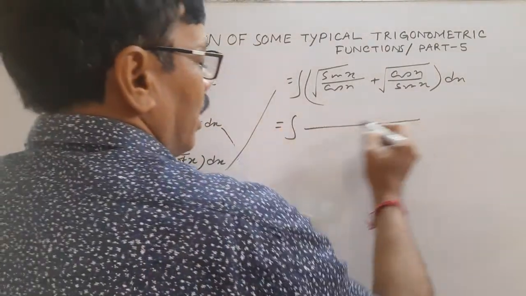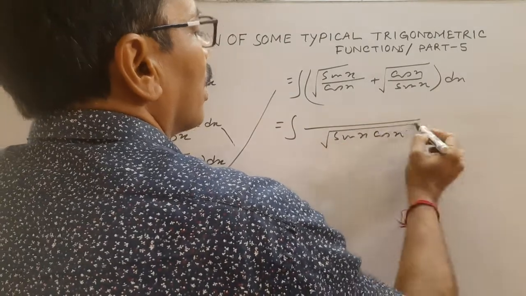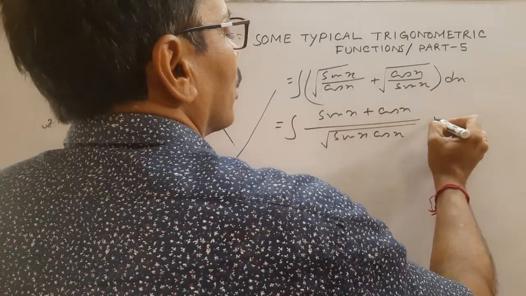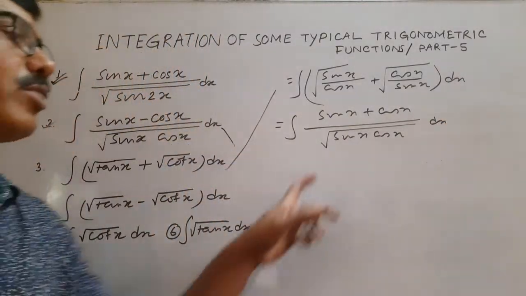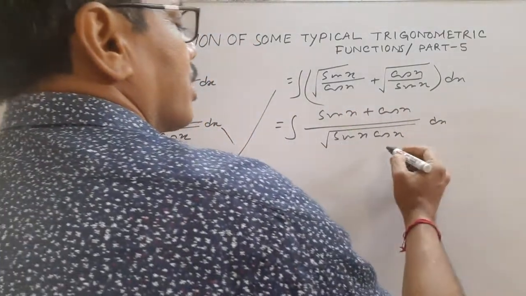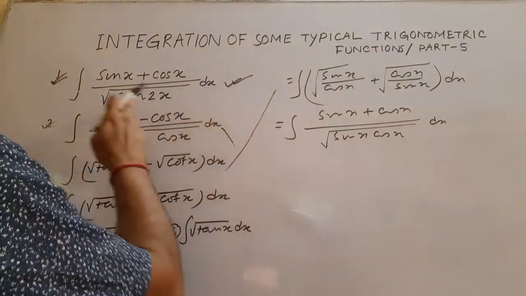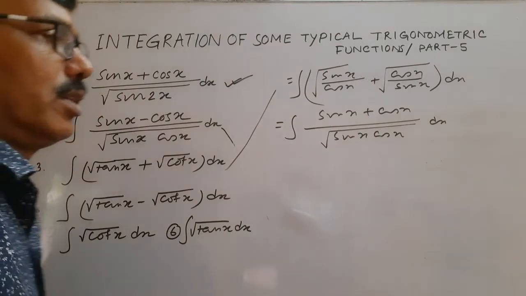So if we take the LCM, sin x into cos x, and this is sin x plus cos x dx. We have already solved this one, sin x minus cos x equals z. This is problem number 1, only sin 2x is 2 sin x cos x.